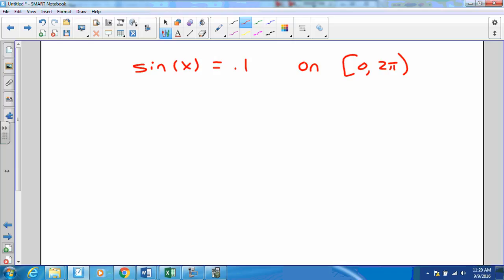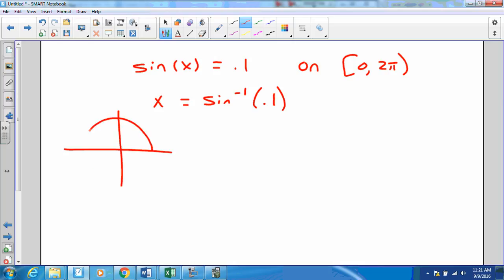Good news, bad news. Bad news, I'm not going to be able to get an exact value. Good news, I can be really smart alecky and simply say that one of my solutions is found with an inverse sine. See how I use those inverse functions there? But since I'm on the interval 0 to 2 pi, I expect 2 solutions. What is my other solution going to be? The inverse sine of 0.1 is some angle right there.